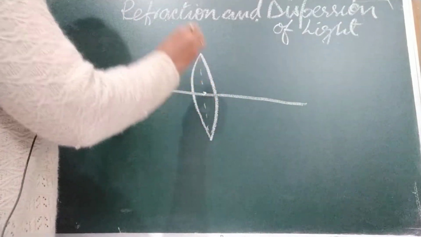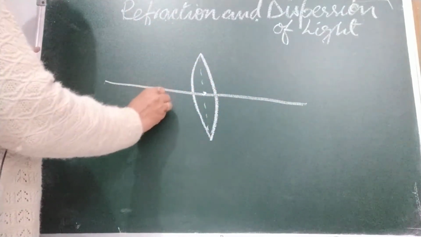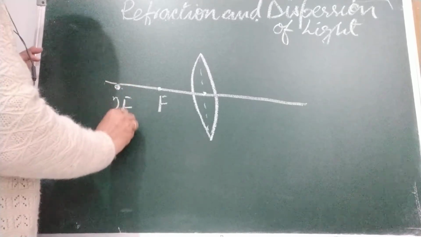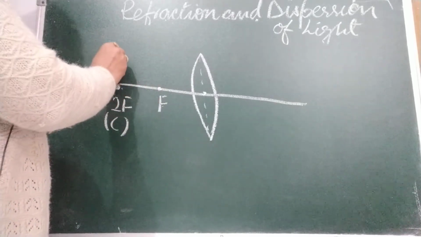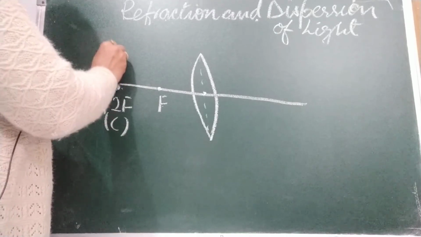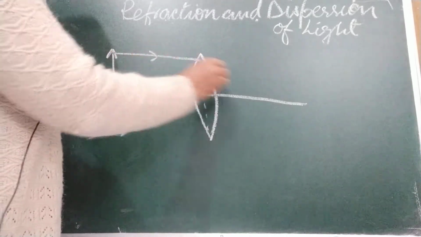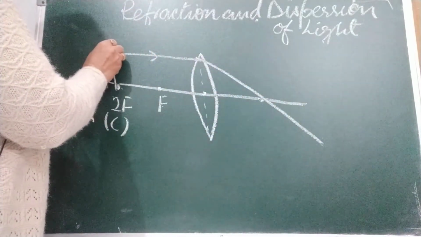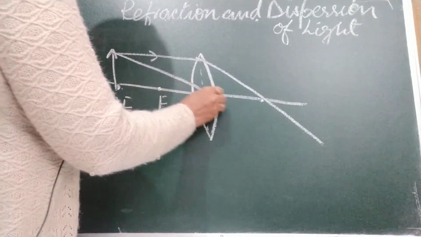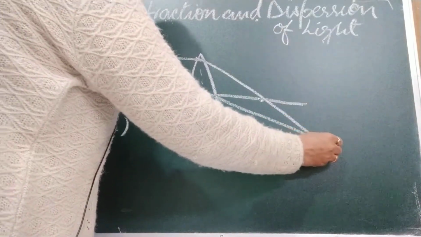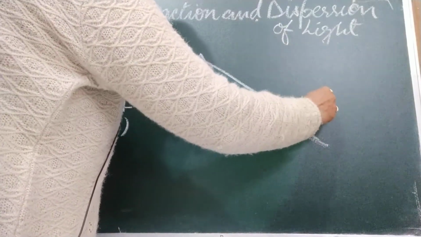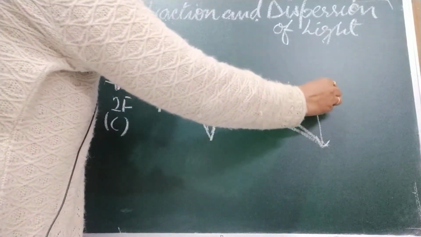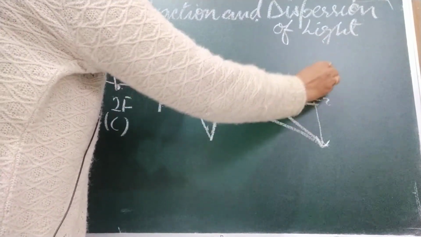This is F, this is C, and we also write it 2F because it's double of F. The first ray, same, parallel, will pass from the focus. The second ray will directly go to the optical center, and children, you know that it will form at C, or we say 2F.